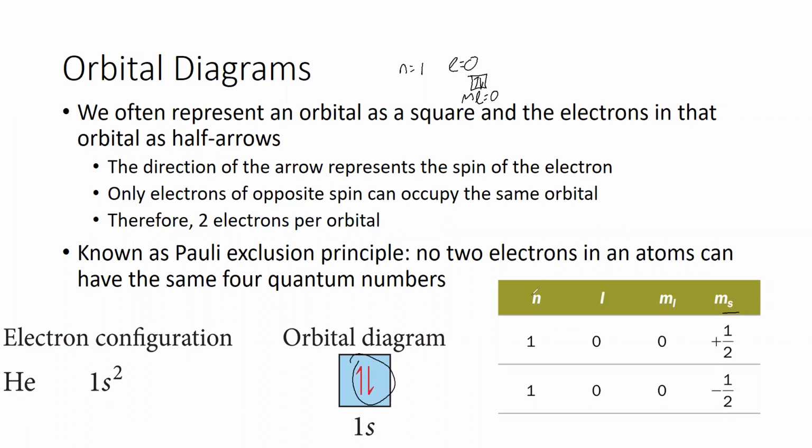We have the principal quantum number, energy; angular momentum, which is the shape of the orbital; m sub L, which is the direction the orbital is pointing; and m sub S, which is called spin. Spin can have a value of +1/2 or -1/2, spin up and spin down.